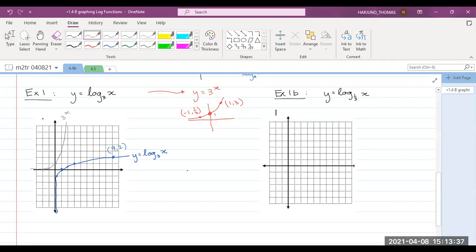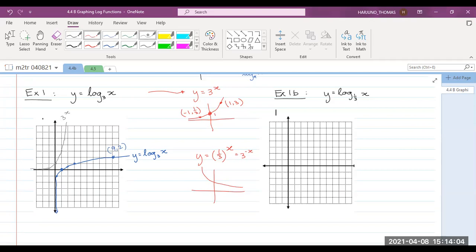Now, log base 1/3 of x comes from y equals (1/3) to the x. So it looks like this. Actually, you can see this as 3 to the negative x. Can you see that? That's the reflection of 3 to the x with respect to the y-axis.